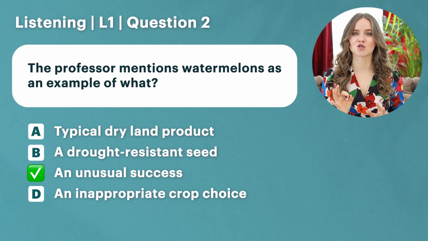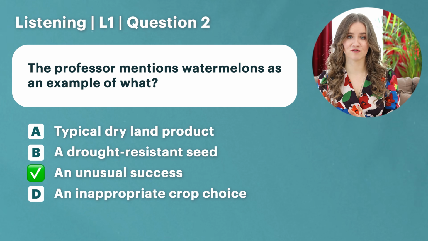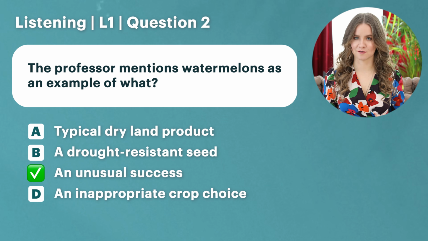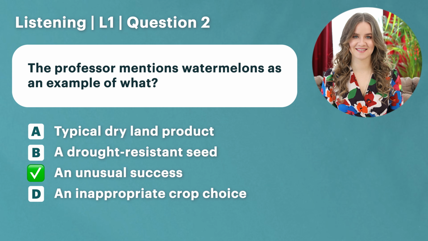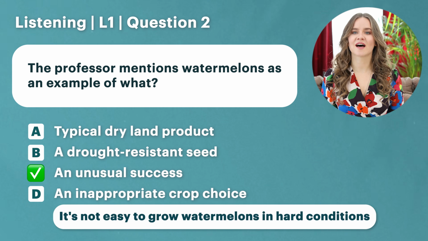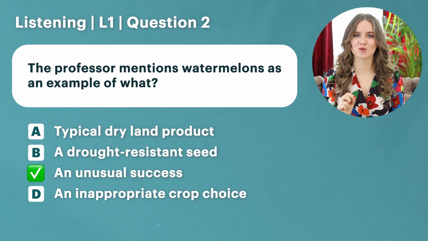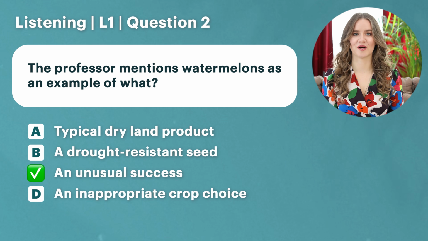If you pay attention to the choice of seeds and plan carefully, even crops like watermelons can be successfully grown in dry areas. This tells us that it's not easy to grow watermelons in hot conditions, so it's an unusual success to be able to grow one.